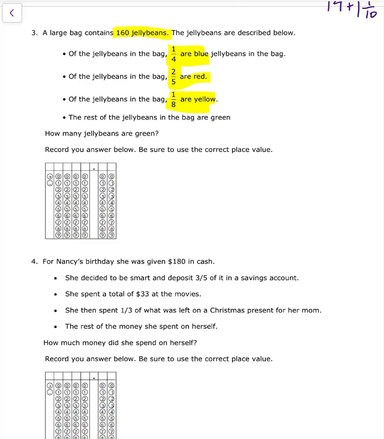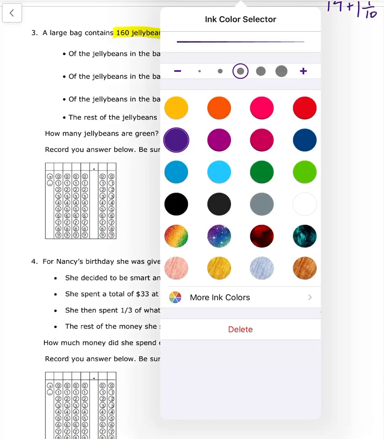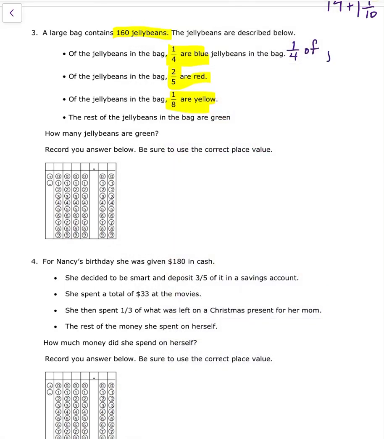All right. So 1/4 of the jelly beans are blue. So I'm going to rewrite that. 1/4 of the jelly beans, I'm just going to put JB, are blue. So how do we figure out how many are blue?